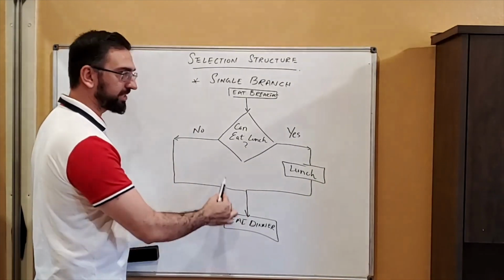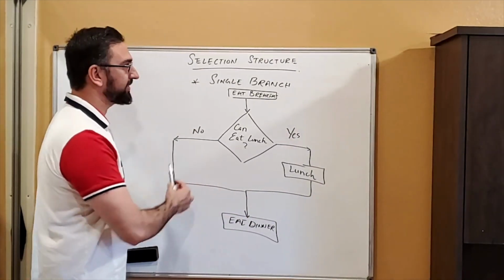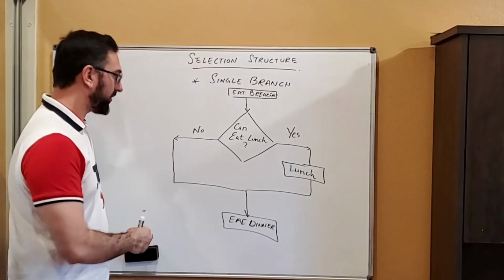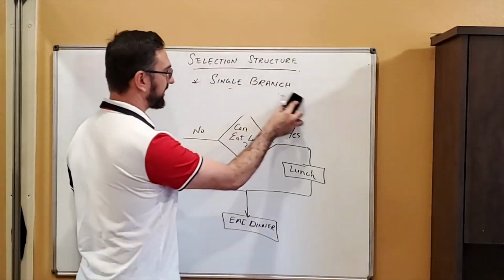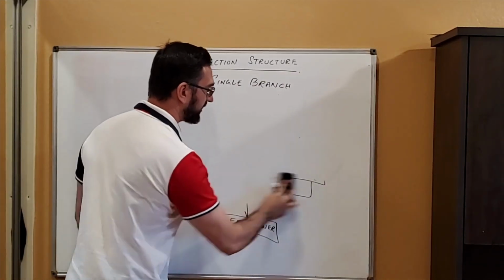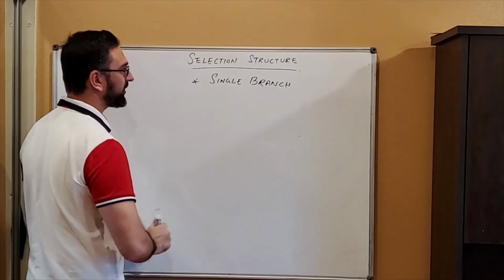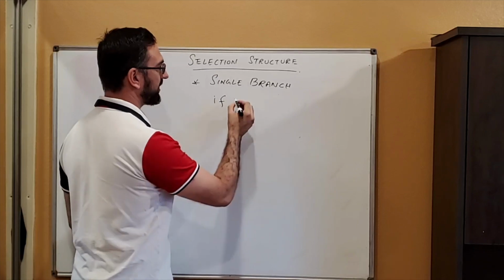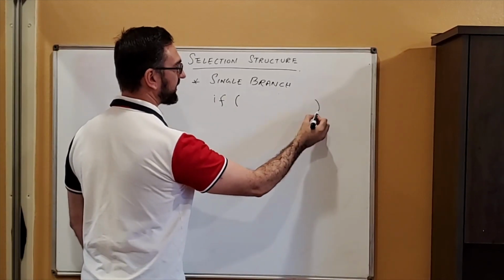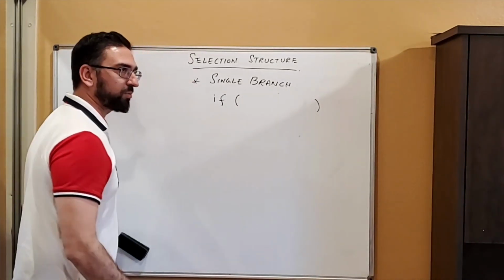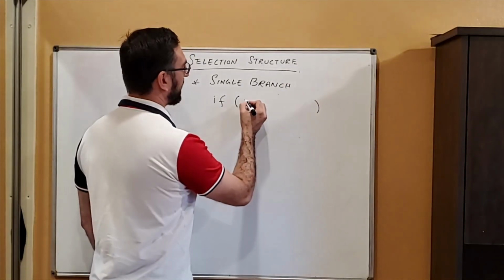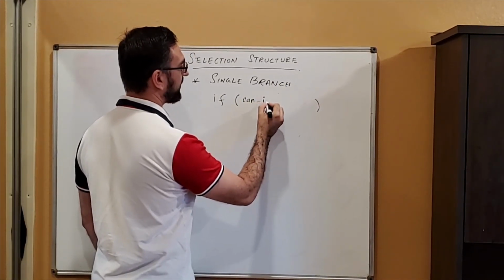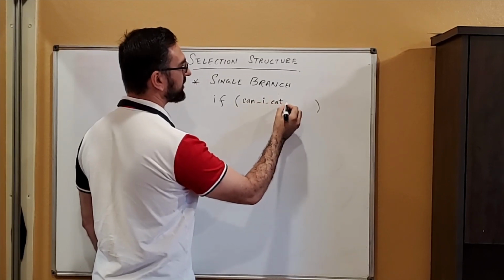So there is no alternative, if you see here. So this is a single branch statement. The way we do it in a programming language, especially in the case of Python, for example, is we use the if statement. So this is the if statement, and then there is a certain condition I need to check. In this case, let's suppose, can I eat?